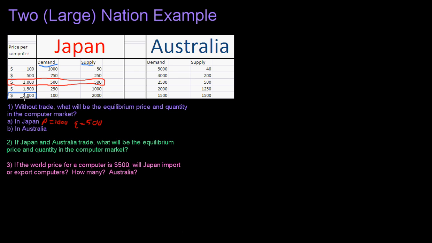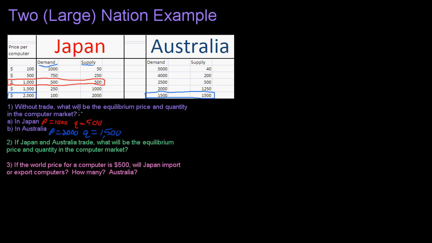And then the Australians will demand 1,500 computers, and the Australians will supply 1,500 computers. So without trade, the price for a computer in Australia will be $2,000, and the quantity will be 1,500. There will be 1,500 computers produced and sold, or purchased, however you want to look at it.